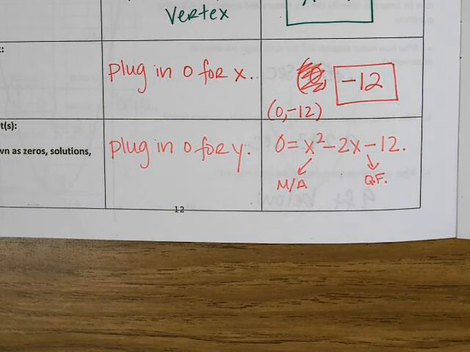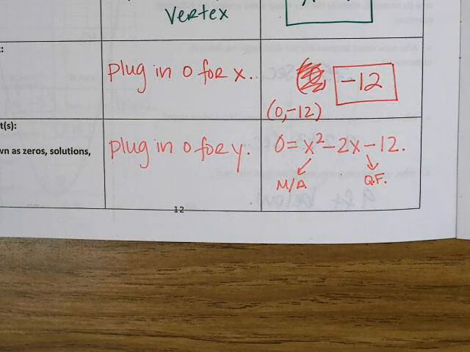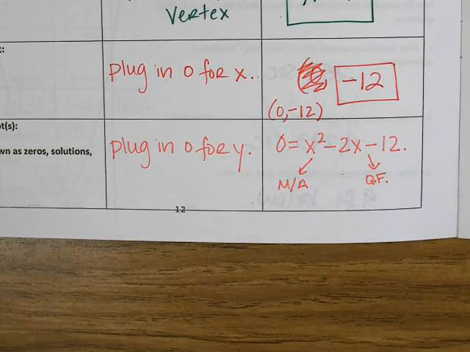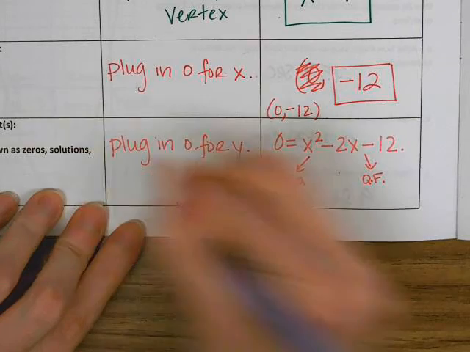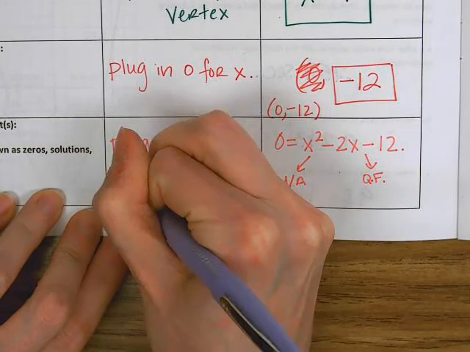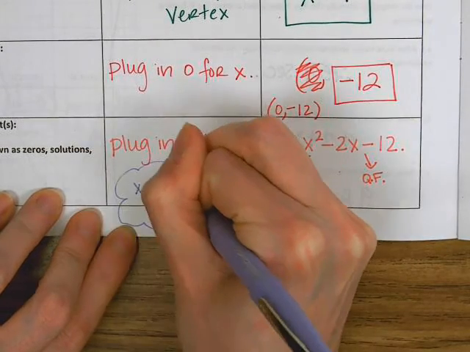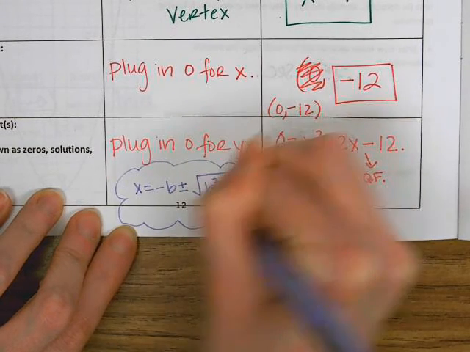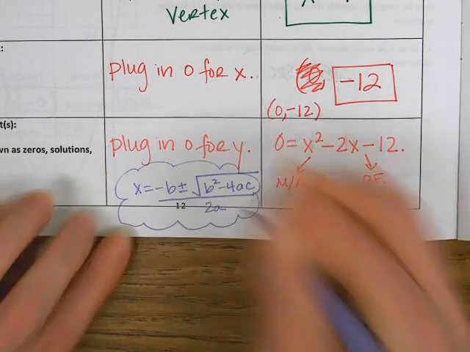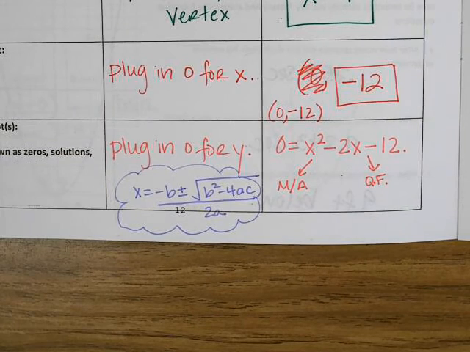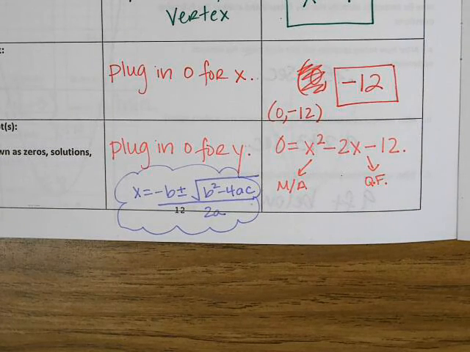I would say most of you liked the quadratic formula, so we could do that. Just a reminder, the quadratic formula is, I'll write it over here, the boy at the party: x equals negative b plus or minus square root of b squared minus 4ac, all over 2a. Or you can remember the MA table factoring.